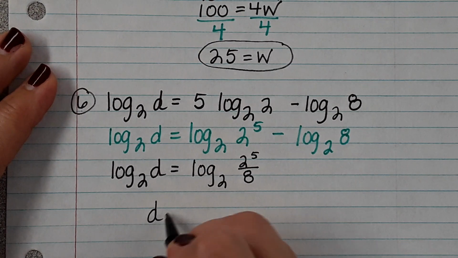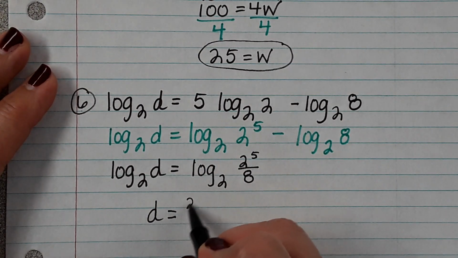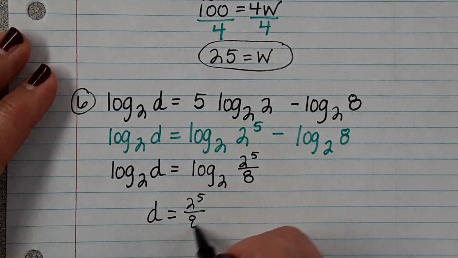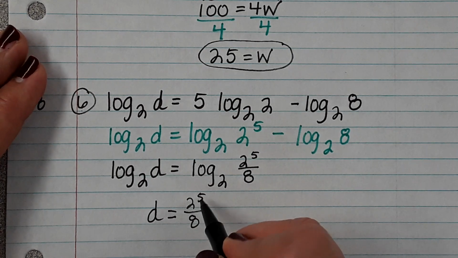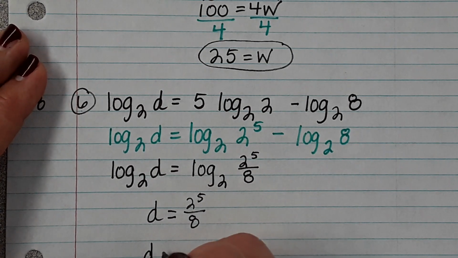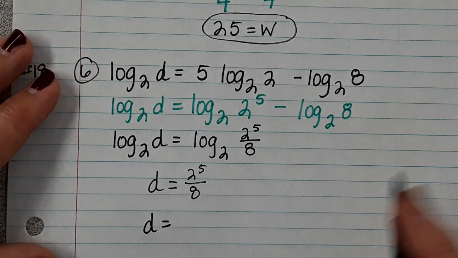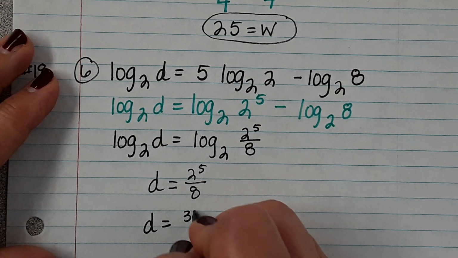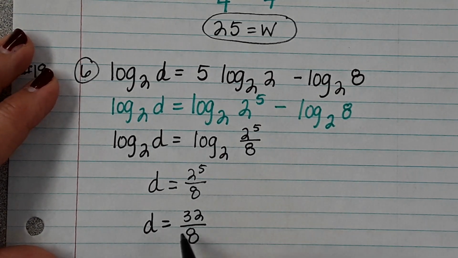And we're going to have d equals 2 to the 5th over 8. Well, we're actually going to do what 2 to the 5th is. Anybody know what 2 to the 5th is? 32. And then what is 32 divided by 8? 4. And that is your answer.